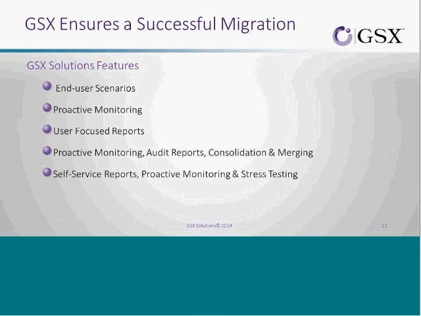To sum up, why we are really useful for a successful migration is that, first, GSX is going to run end-to-end tests, end-to-end scenarios. So we are able to ensure that from one environment to another, we will get the same performance for the end users. Something important when dealing with monitoring, and especially agentless monitoring, is the possibility to be proactive.